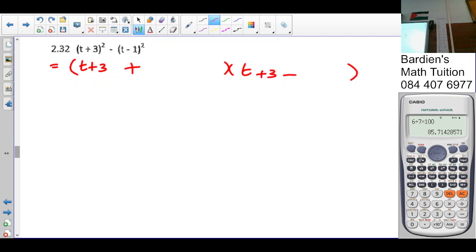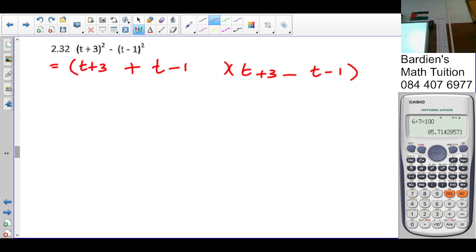What's the square root of t minus 1 squared? t minus 1, t minus 1.